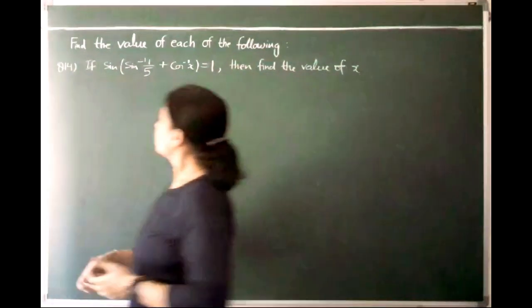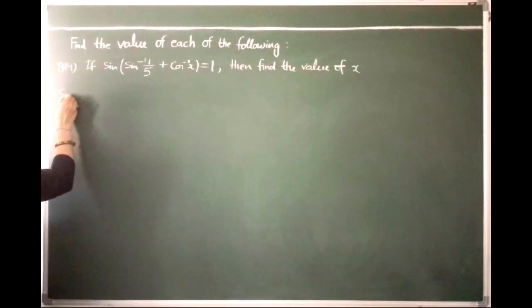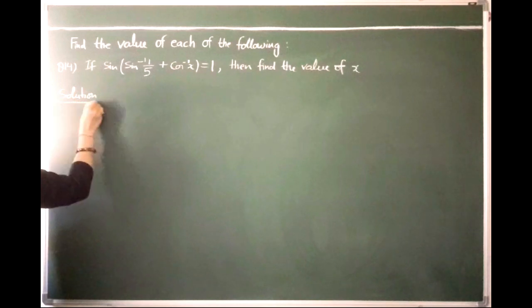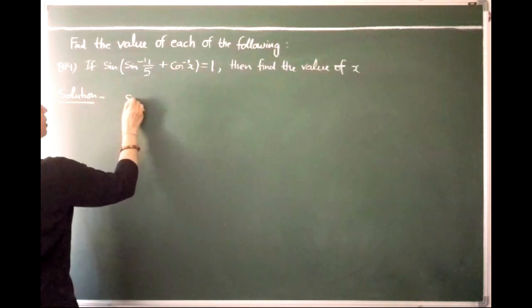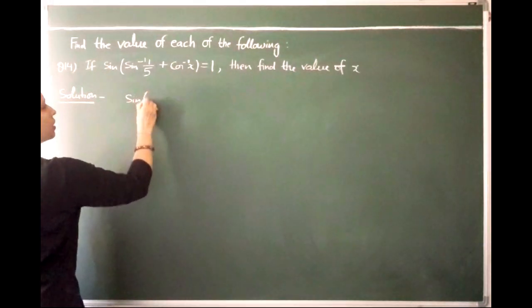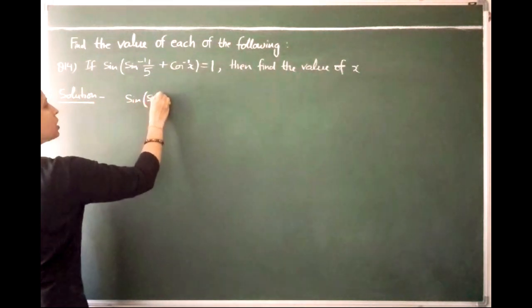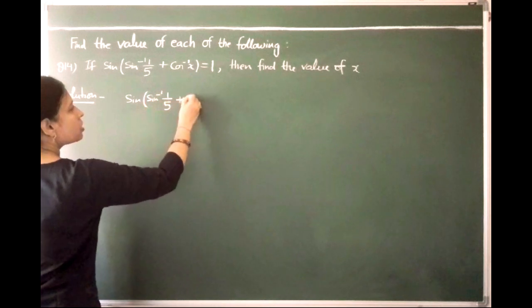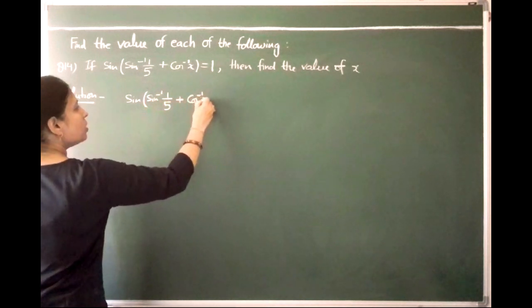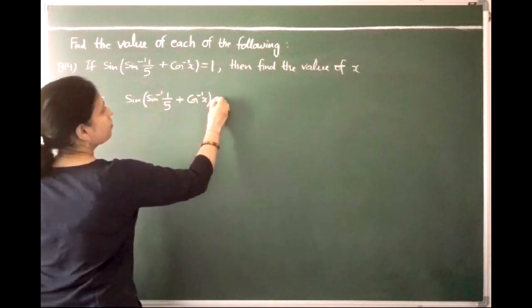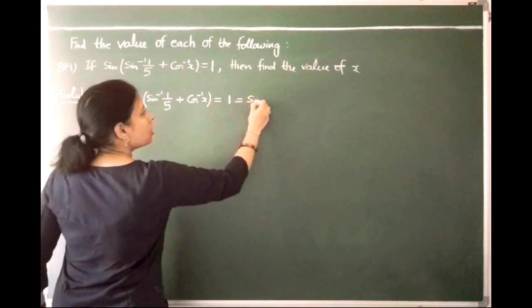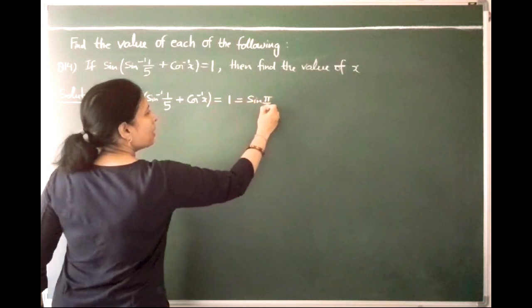So let us write this sin inverse 1 by 5 plus cos inverse x is equal to 1. That means sin pi by 2.